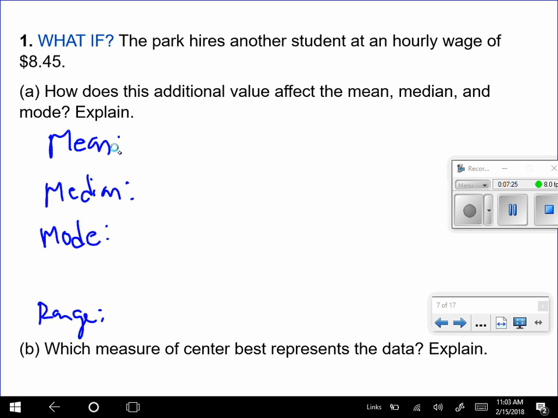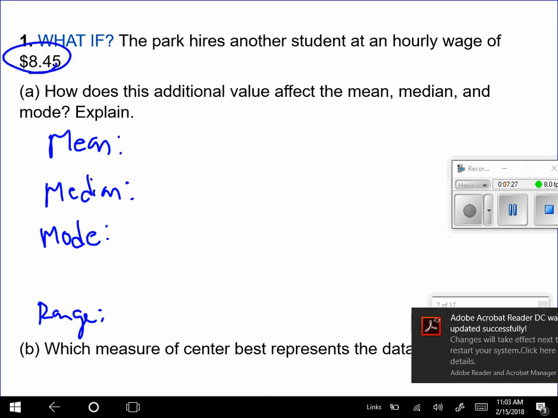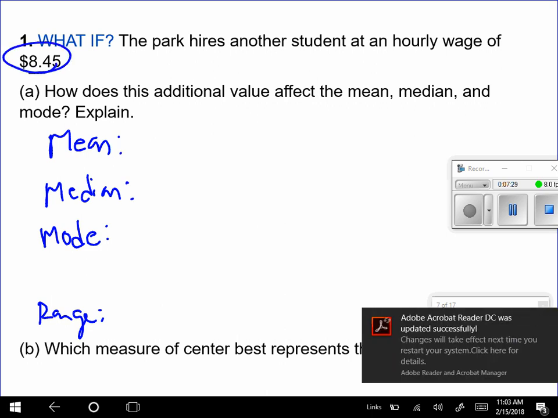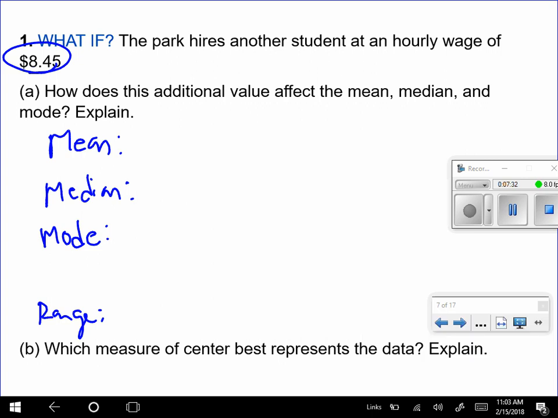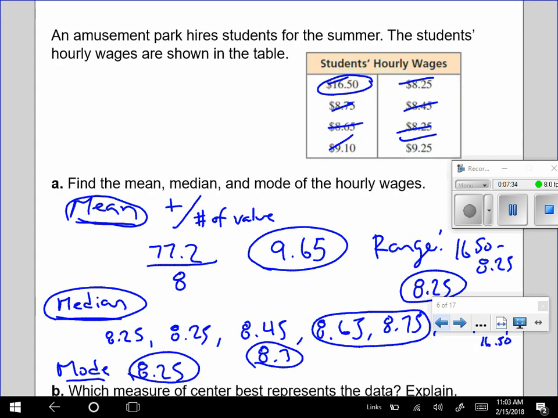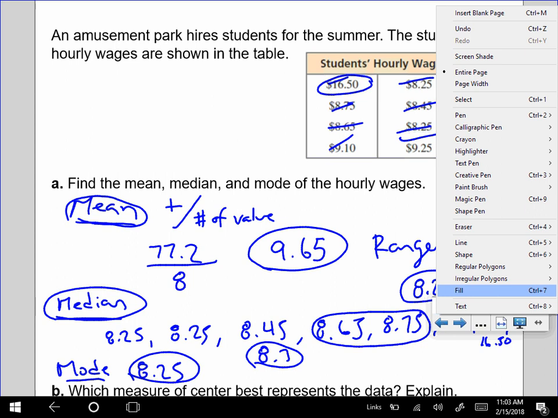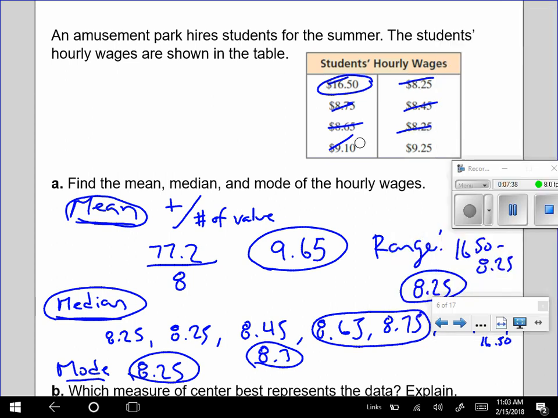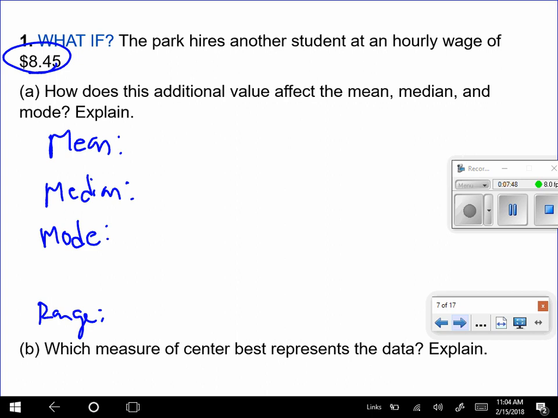See if this extra piece in there affects anything. So you will need to go back to this slide, and you can pause it right here, and I will erase those for you. See how adding that one other number in there affects and changes some of these numbers. Hopefully you wrote all of this down so that you can easily add this 8.45 in there. So go ahead and do that.